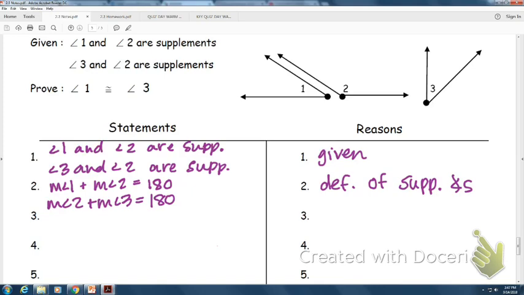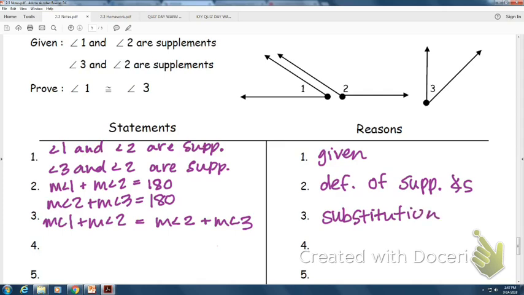So if 1 and 2 equals 180, and 2 and 3 equals 180, I can say the measure of 1 and 2 equals the measure of 2 and 3. So write that: the measure of angle 1 plus the measure of angle 2 equals the measure of angle 2 plus the measure of angle 3. And why was that? Substitution. That step can be tricky, so ask questions if you have them.